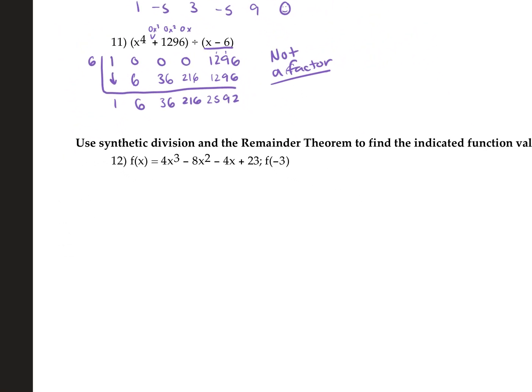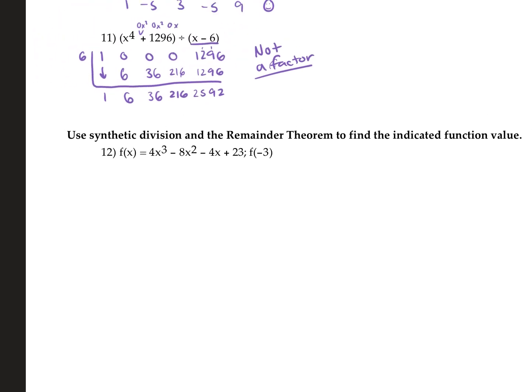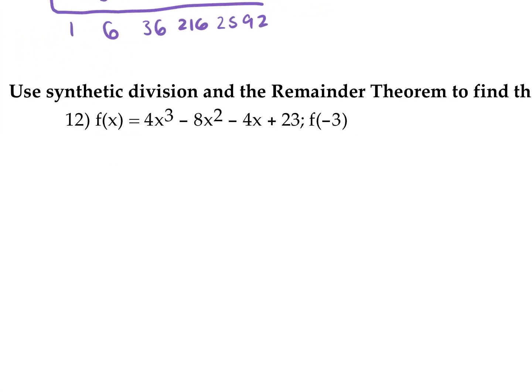All right, for number 12, we use synthetic division and the remainder theorem to find the indicated function value. So we are using negative 3 as our number on the outside, and all of our coefficients go inside. So I have x cubed, x squared, x, and a constant, so I'm not missing anything. So we are good to plug in our coefficients into the box.